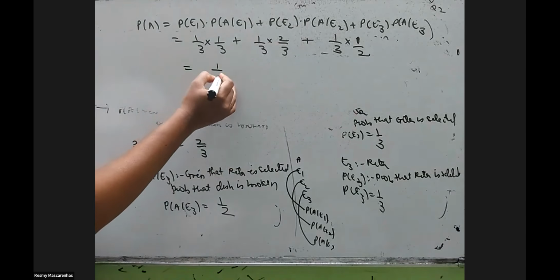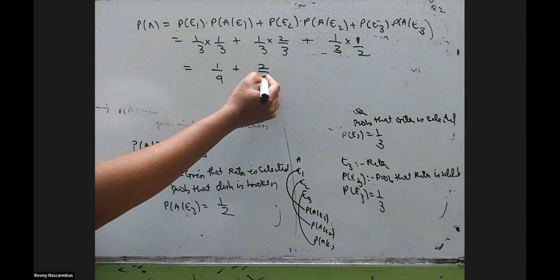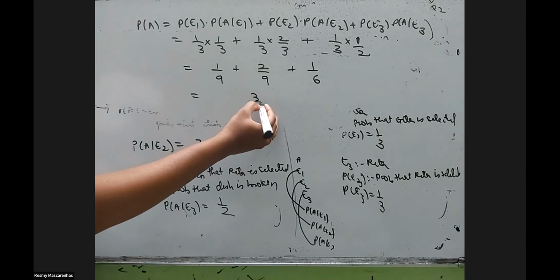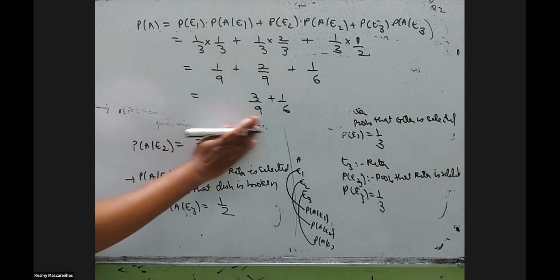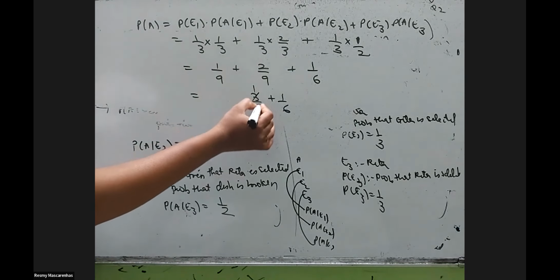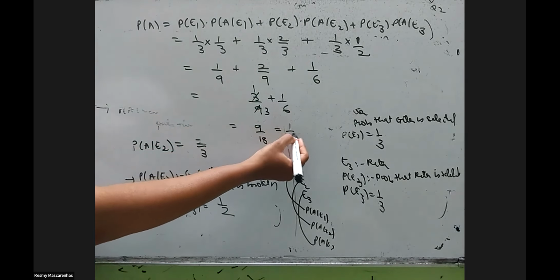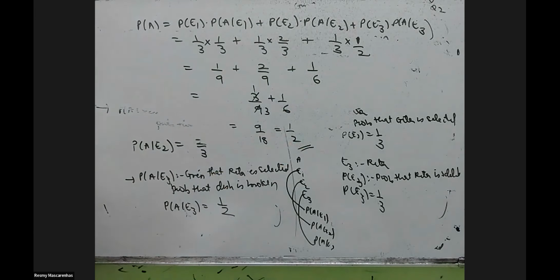This is 1 by 9. This is 2 by 9. This is 3 by 9. One by 2. Only the framing you should know, and the calculation part anyway is simple.